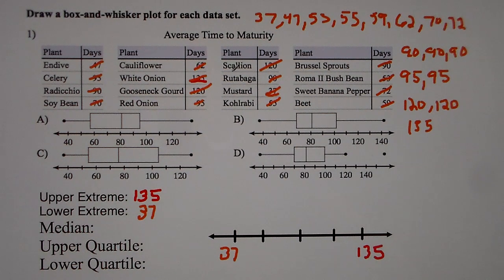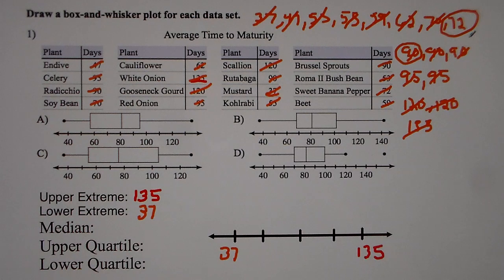Alright, so for the median, we go find what's in the middle. So we cross out one from each end, again and again. Oh, sorry. So the two numbers in the middle are 72 and 90.